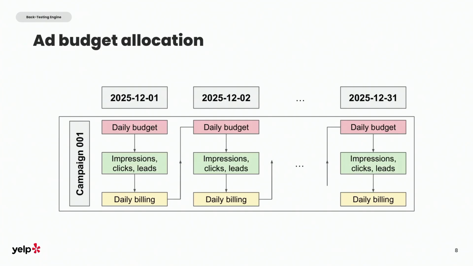And then, once that daily budget is set, during the day the ad will receive impressions that can convert to clicks, that can convert to leads. And then at the end of the day, once we have recorded the number of impressions, clicks and leads, we can charge the advertiser. So based on impressions, clicks, and leads, we can compute the daily billing for that campaign.